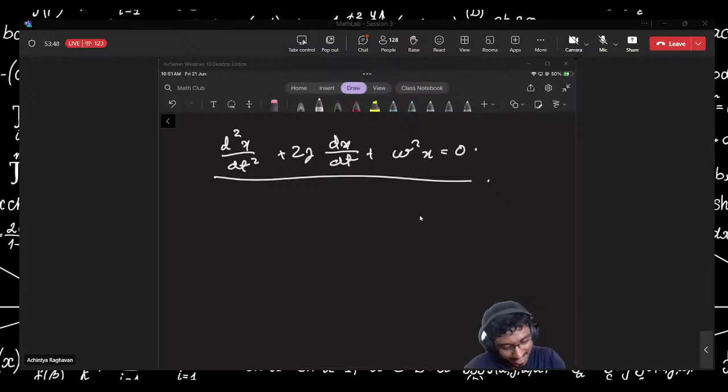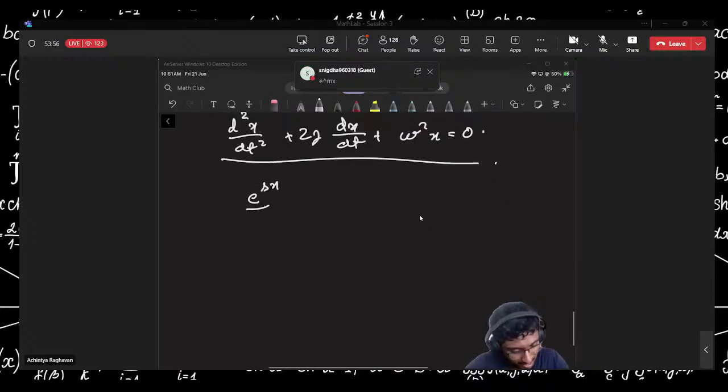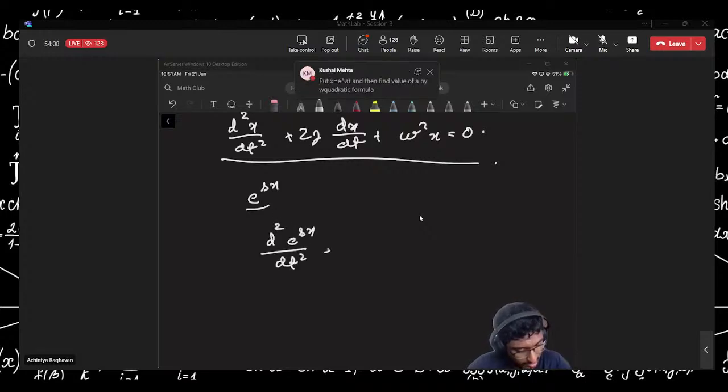Yeah, correct. So let's say e power sx is a solution. And let's substitute it. We get d2 e power sx by dt2 plus 2 gamma d e power sx by dt plus omega square e power sx equal to 0.